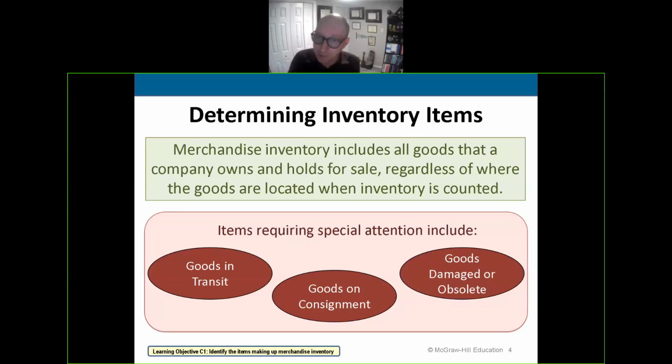And then goods that are damaged or obsolete. We know what damaged goods are. That's when it's defective, doesn't work right, whatever. Obsolete means a new product has replaced that product. iPhone 11 was replaced with iPhone 12.